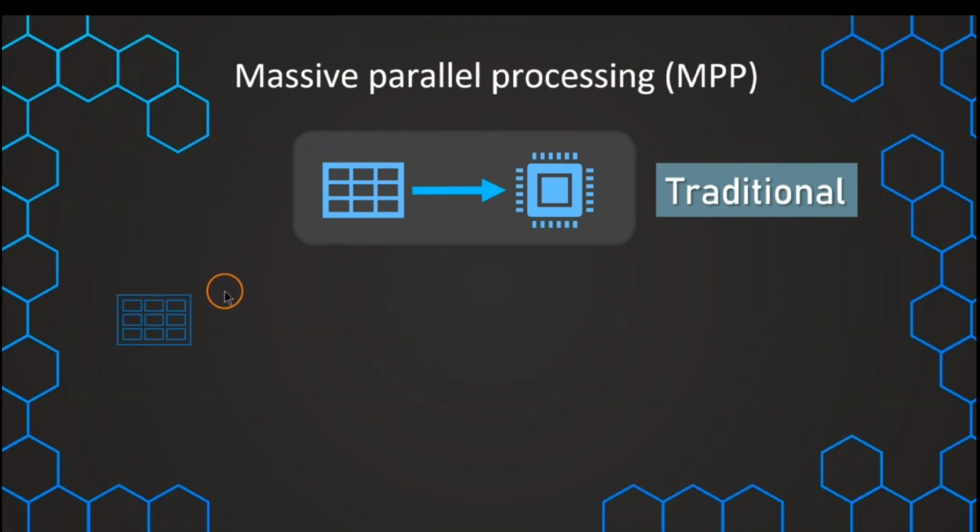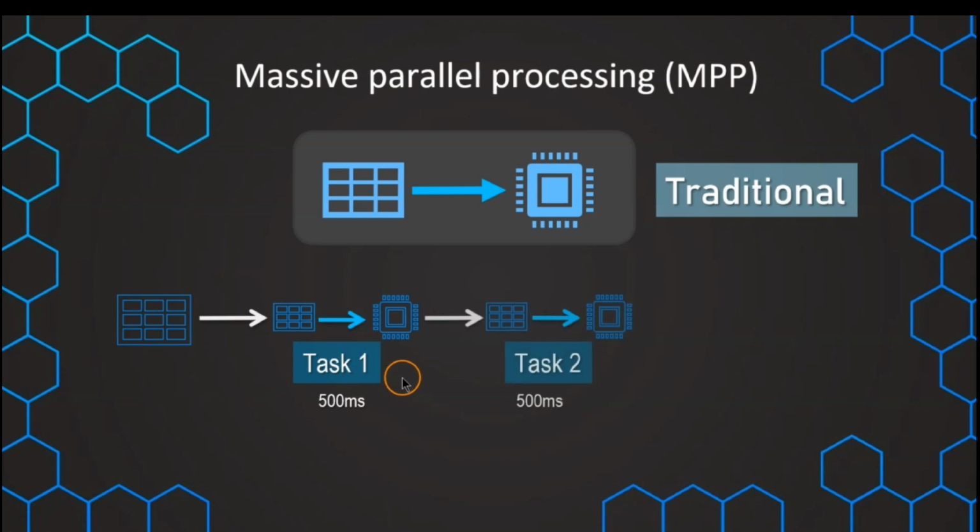We have this task, and this task consists usually of multiple subtasks. And in the traditional way, this will be processed all in a sequential order. So in this case, we need to wait until we get the result for all of these single individual tasks to be executed, and then just in the end, we get our result.